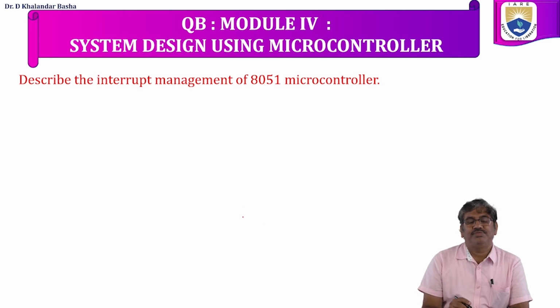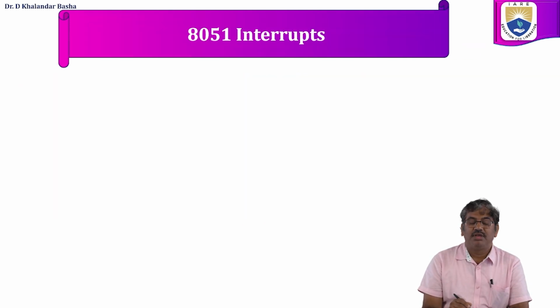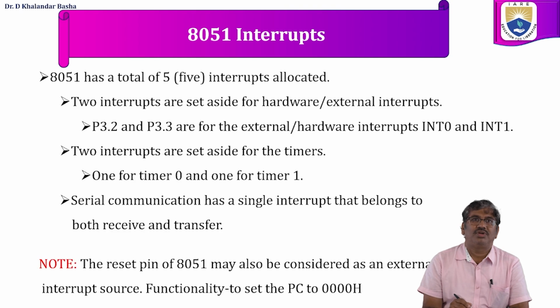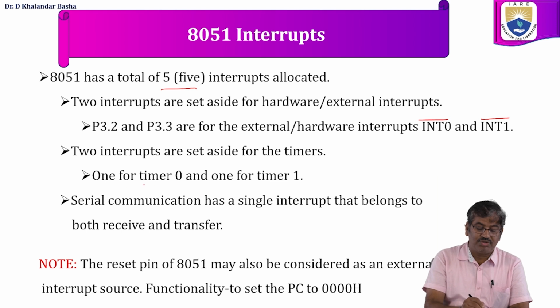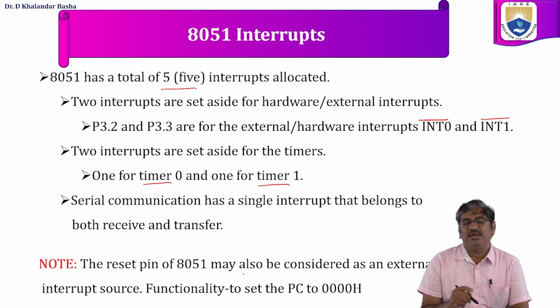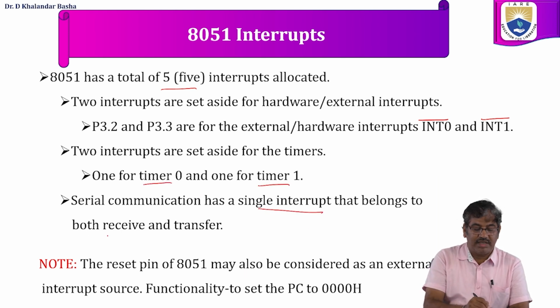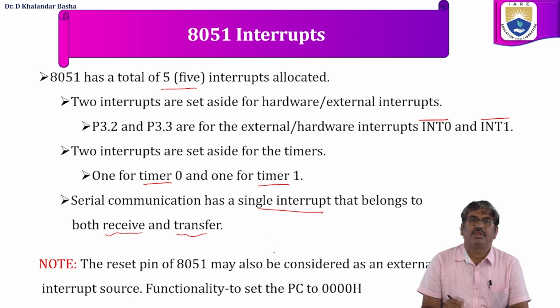Describe the interrupt management of the 8051 microcontroller. In the 8051 microcontroller, in total we have 5 different types of interrupts. 2 are related to timers, 2 are related to external interrupts, 1 is serial. 2 interrupts are set aside for hardware external interrupts, on INT0 bar and INT1 bar. 2 interrupts are set aside for timers, that is timer 0 and timer 1. 1 single interrupt is for either receive or transmit.